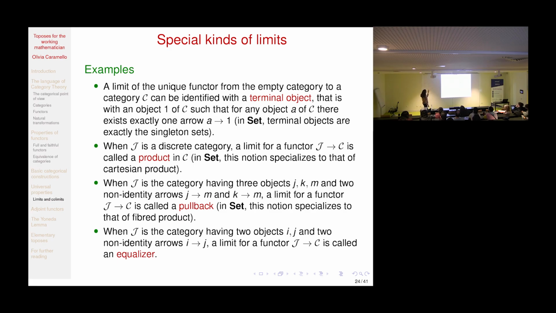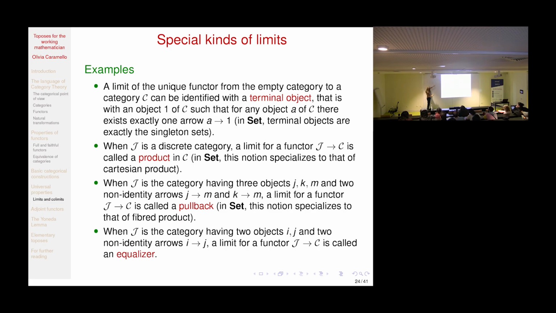So if we look at what happens in our familiar category of sets, we see that terminal objects are given by singleton sets. Because, of course, if I take a singleton, for any set there exists exactly one arrow in the category of sets, namely one function from that set to the singleton.